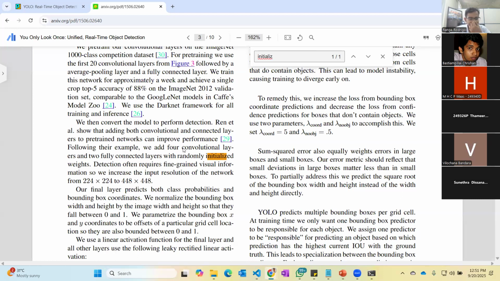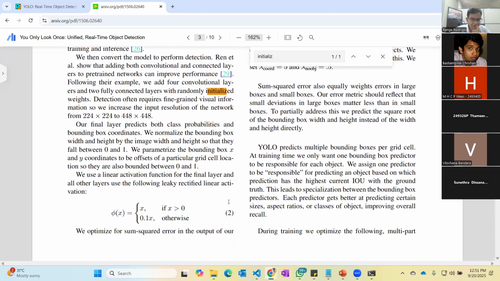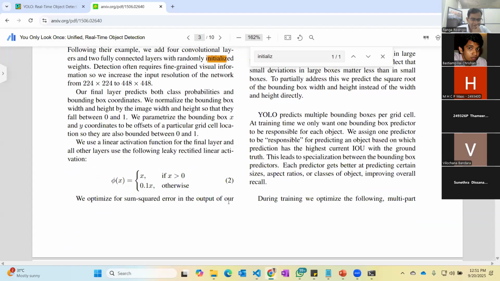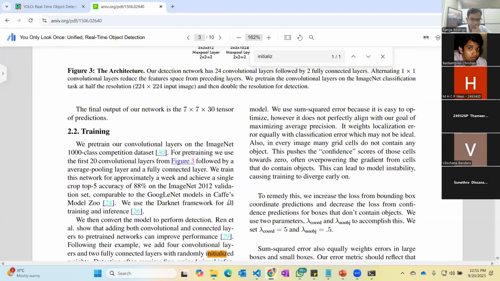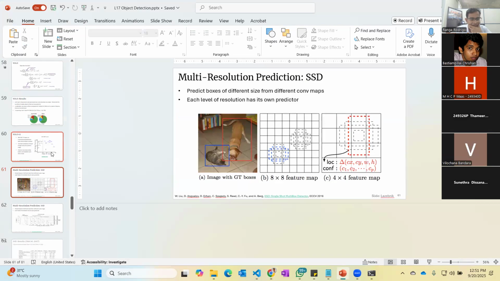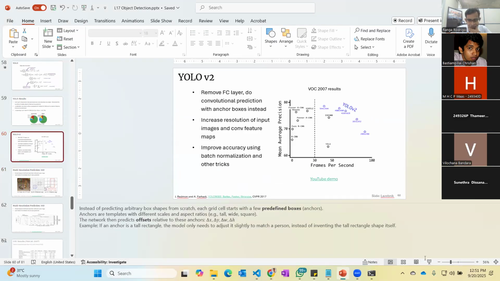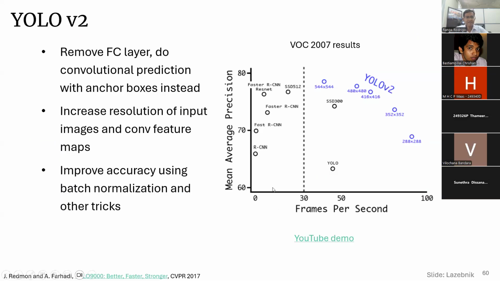I cannot find it. I don't know. Anyway, this network had the so-called anchor boxes, and then they had batch normalization and other tricks.